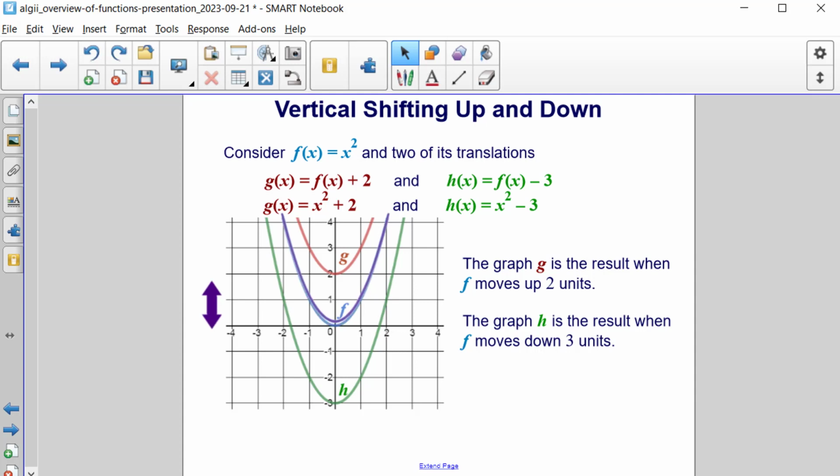And notice if we shift f up 2 units, we coincide and land exactly on g. And let's say we have h of x, which is equal to f of x minus 3. Again, take f of x, which is equal to x squared, substitute x squared in for f of x, and we end up getting that h of x is equal to x squared minus 3. And the graph will end up shifting down 3 units.